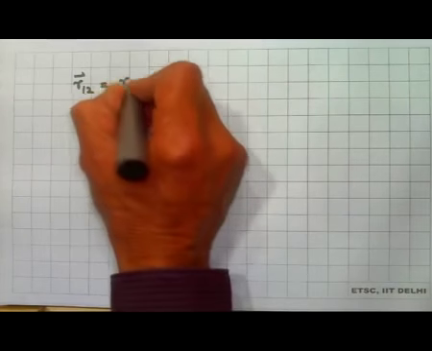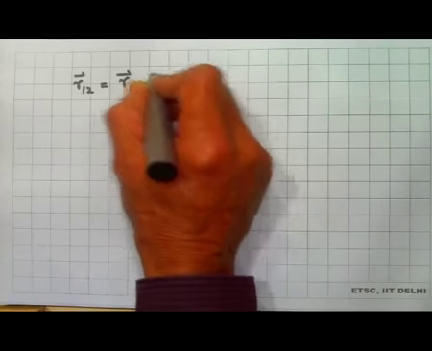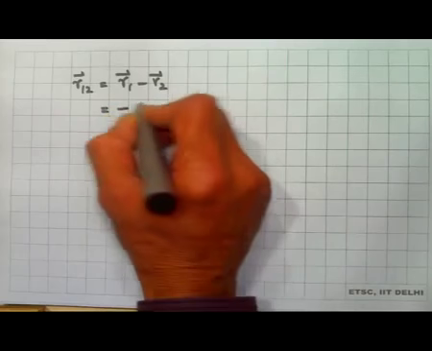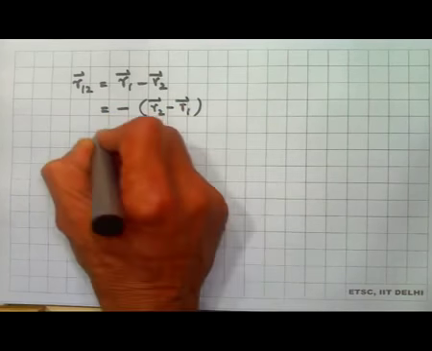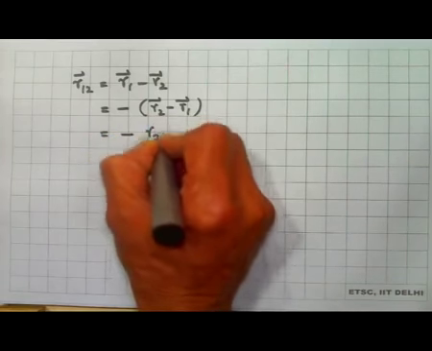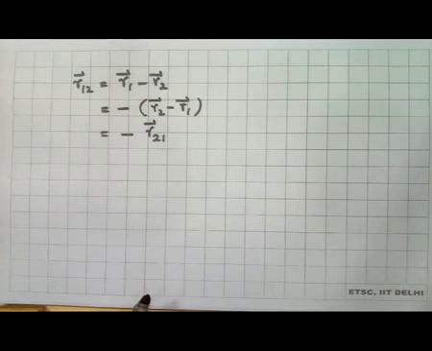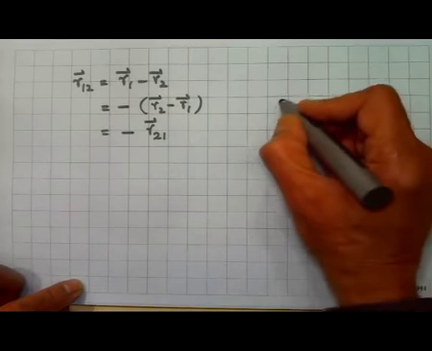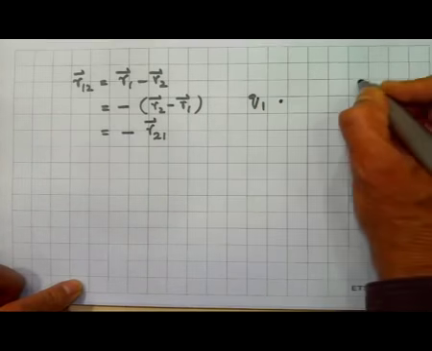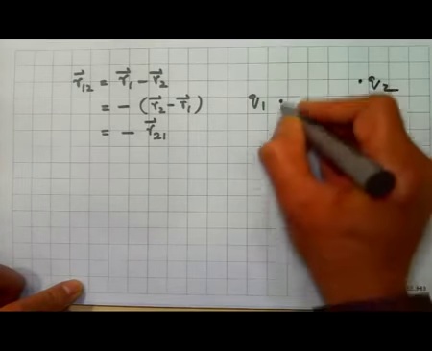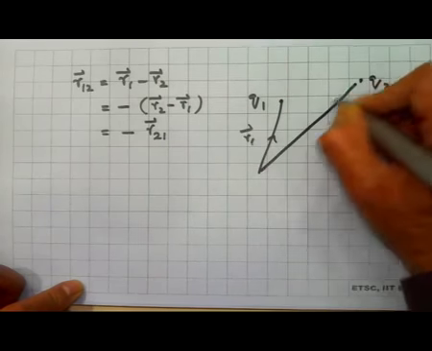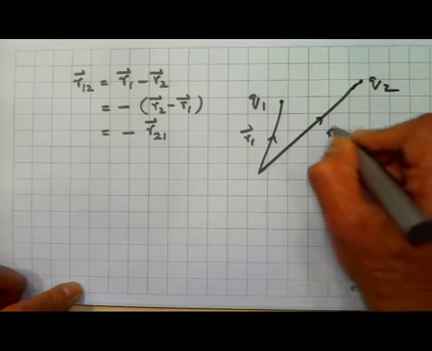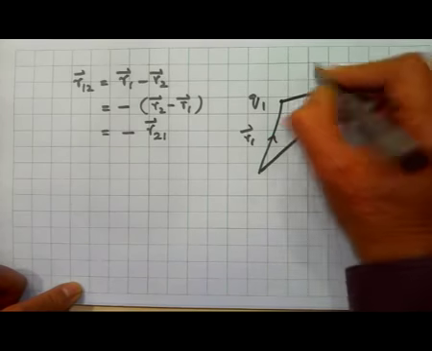The r12 vector is equal to r1 minus r2 vector, which is actually minus of r2 minus r1 vector, which is equal to minus r21 vector. So, r12 is oppositely directed. So, if this is q1, this is q2, this is r1, this is r2, this is r12.